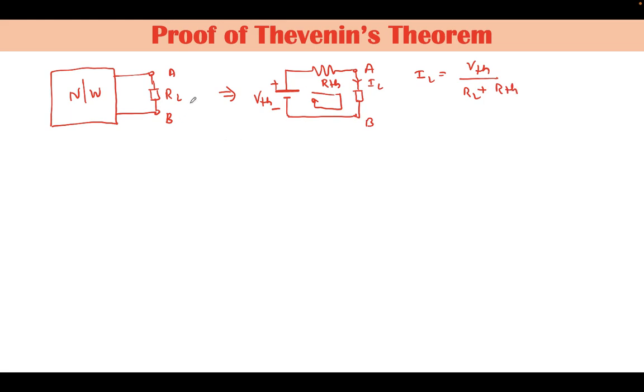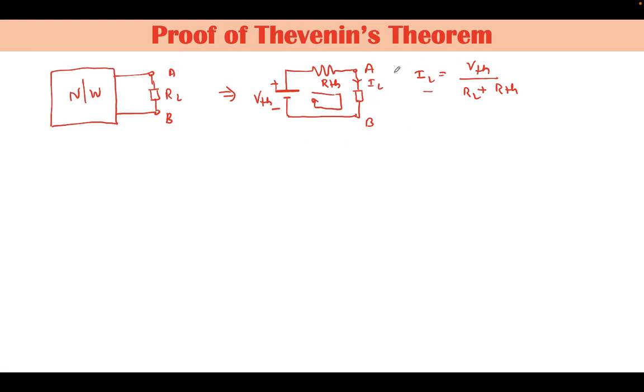Now, we have to prove that the current supplied by this whole network is given by IL is equal to VTH upon RL plus RTH according to Thevenin's theorem.